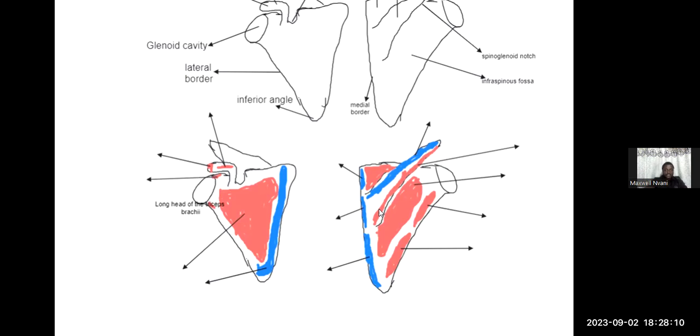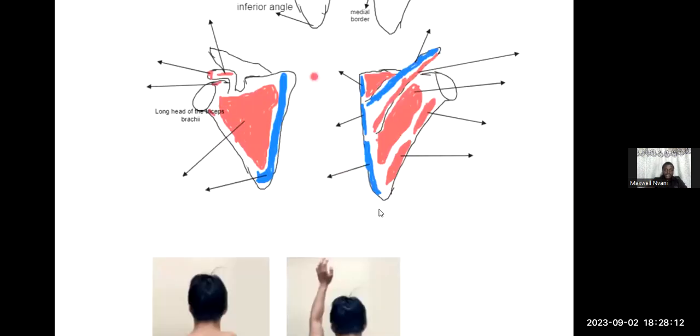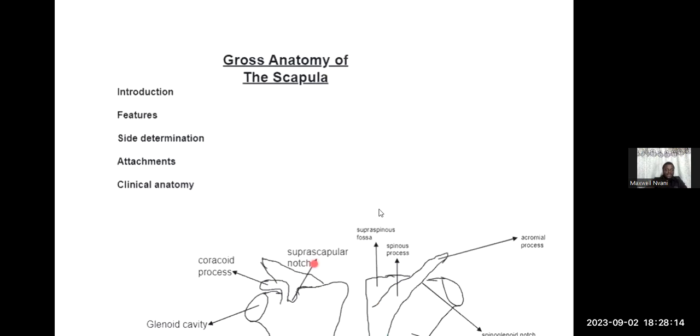Okay, so we're done with introduction, we're done with features, site determination, and attachments. Now the last is clinical anatomy. The most prominent clinical anatomy is winging of the scapula, which is undue prominence of the medial border of the scapula as a result of damage to the nerve supplying serratus anterior.